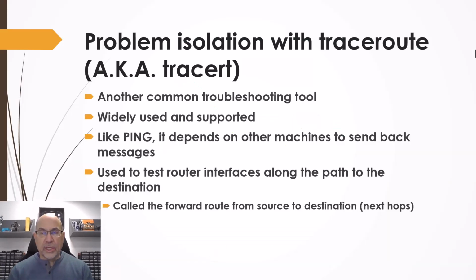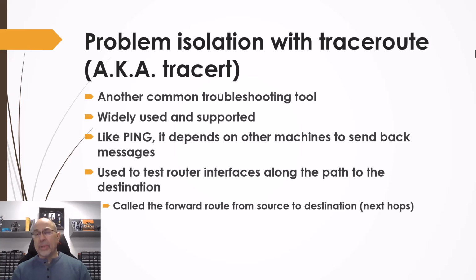Okay, problem isolation with TRACEROUTE or TRACERT in Windows. Another extraordinarily common troubleshooting tool, very widely supported and used. Like ping, it depends on other hosts to send you messages back. So you send out messages and you're hoping that devices along the way are willing to respond to you.